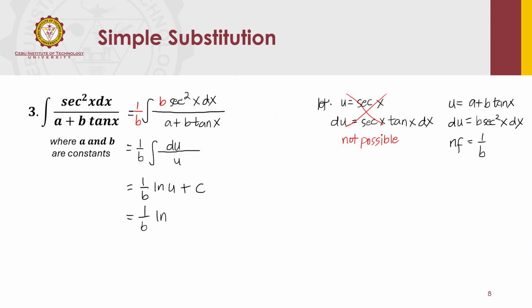So absolute value symbol will do. It can also be a set of parentheses or brackets. We know that u shouldn't be a negative value because we do not have a natural logarithm for that. So we'll use the absolute value symbol for clarity. So it's a plus b tangent of x. That's the u and then plus c. So this is now our final answer.